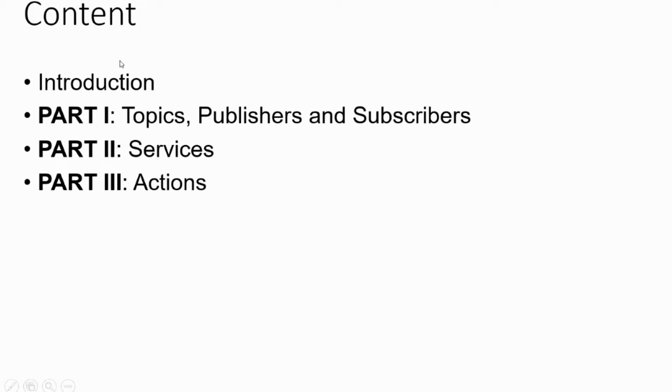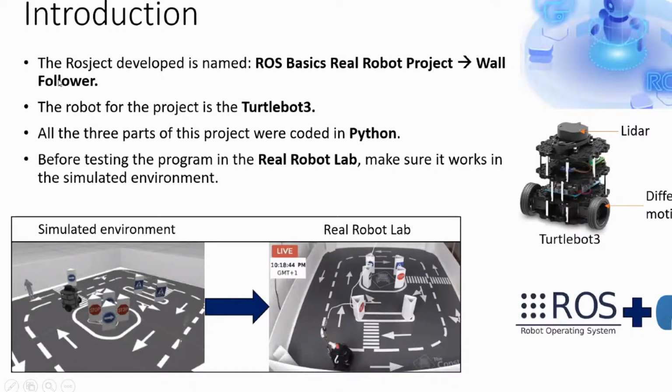So just to give a quick overview, the ROS project I developed is named ROS Basics Real Robot Project, which is basically a wall follower project in which we'll be using this Turtlebot 3 robot to follow a wall using a LiDAR, and then we'll record some odometry.